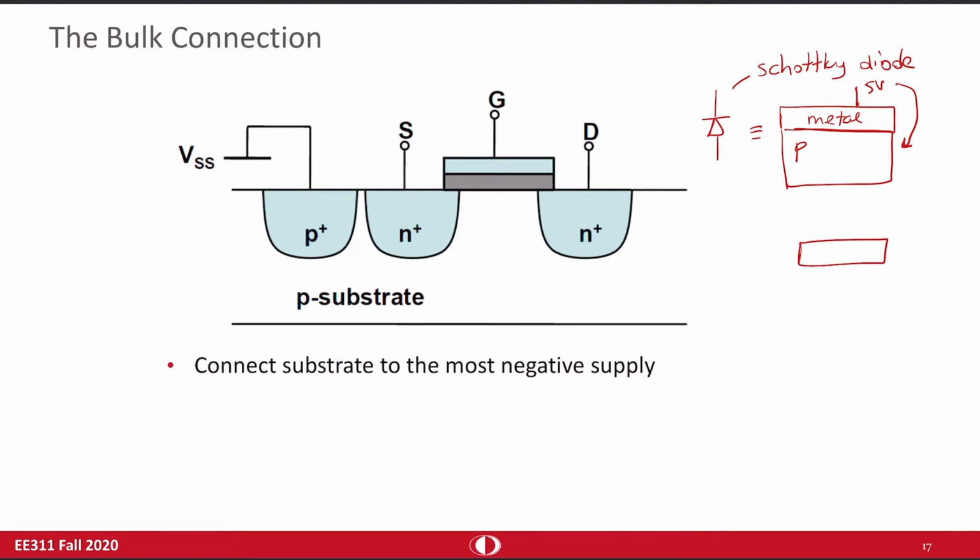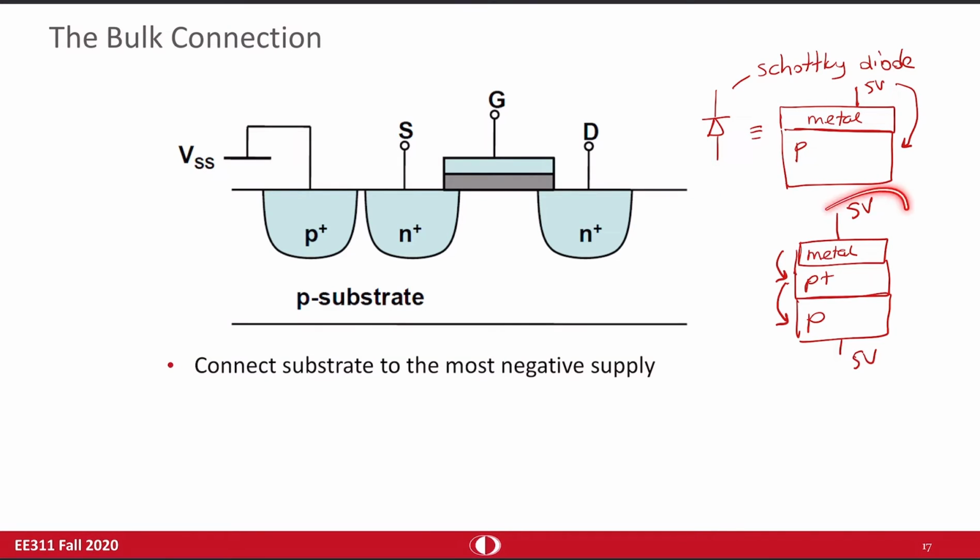But when you have metal, P plus and P, because of the work functions and energy band diagrams, this thing doesn't behave like a diode. There's a good ohmic contact between metal and P plus, and good ohmic contact between P plus and P. So when you apply 5 volt in here, you can observe that 5 volt in here.